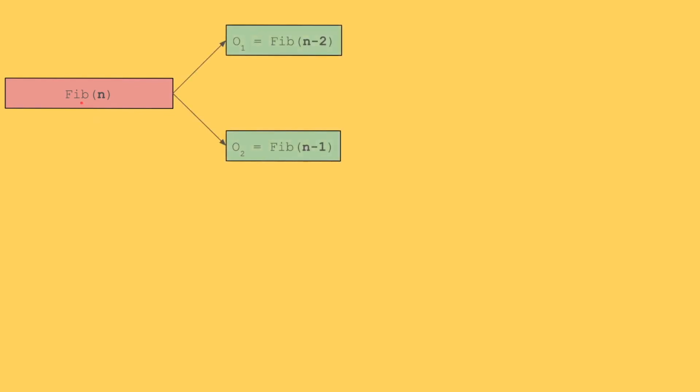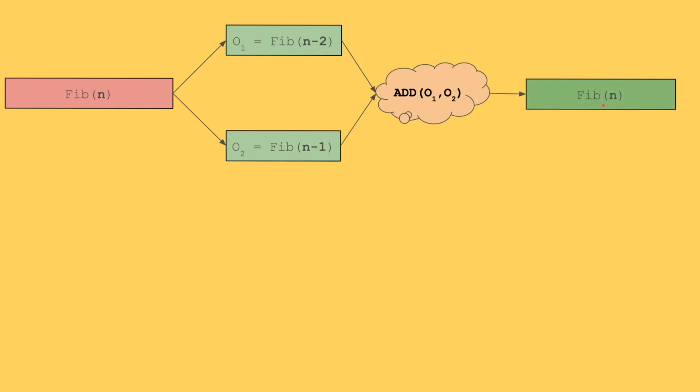Let's look at Fibonacci and the way we calculate it one more time. So we are calculating fib of n. We break it into two subproblems, f of n minus 2 and fib of n minus 1. And then we run a function on these two subproblems, namely addition, and then we get the result.